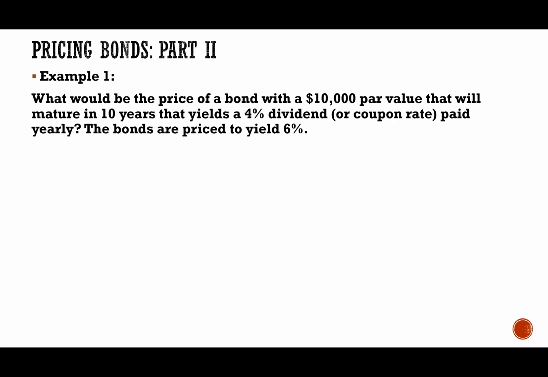All right, so now let's look at bond pricing one more time. So how to price the bond? Part two means this is slightly more complicated, so pay close attention. It's going to be slightly more complicated compared to a 0 coupon bond. Remember we talked about the 0 coupon bond.